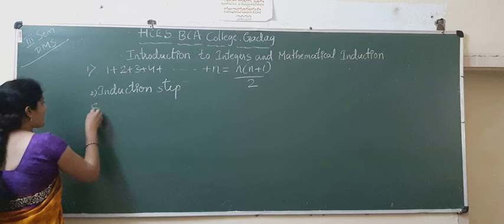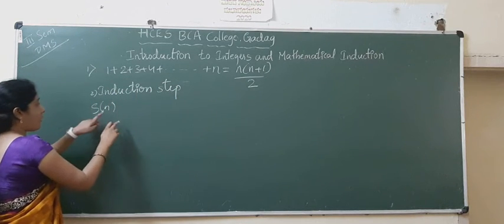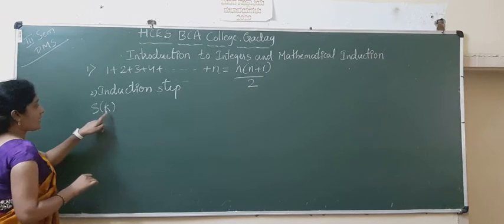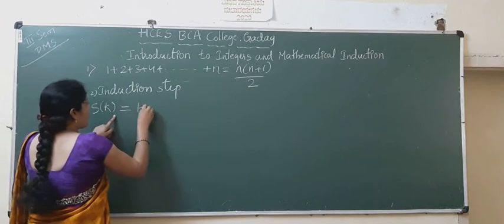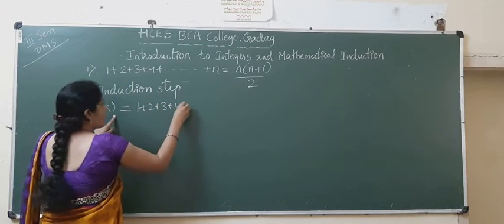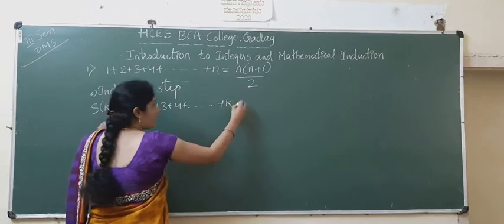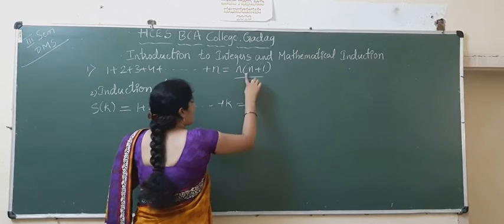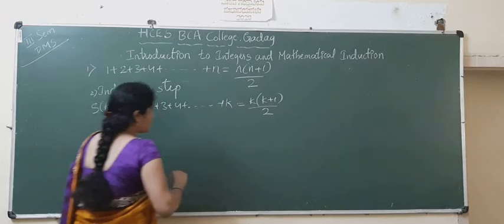That is, we know what is S of n. This is S of n. Now, wherever there is n, we have to put k. Hence, it becomes S of k. Now, S of k is equal to 1 plus 2 plus 3 plus 4 plus and so on up to, this n is replaced by k, is equal to, here also n is replaced by k. So this becomes k into k plus 1 divided by 2.